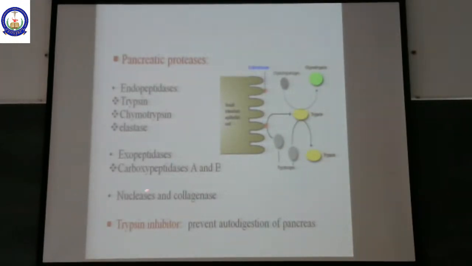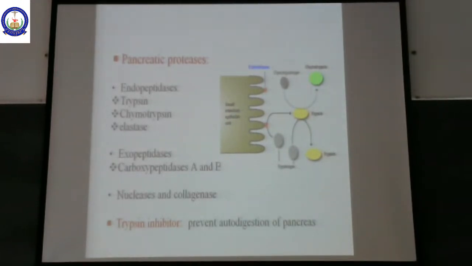Why is this important? Because if trypsin gets activated inside the pancreas itself, it will cause auto-digestion of the pancreas, because even the pancreas is made of proteins. All the cells have proteins inside them, and all the enzymes have protein inside them.